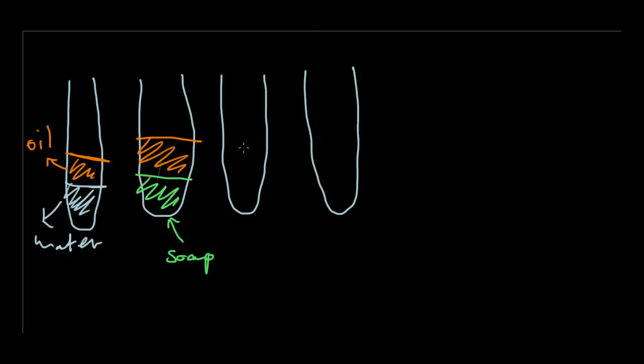Other than that, I was just going to do another example of, suppose, shampoo, but it's exactly the same thing. It's just to show that the surface tension of water is what's really not allowing oil to mix in, and then when you have soap, which reduces the surface tension, oil finally is a little bit soluble with the water.